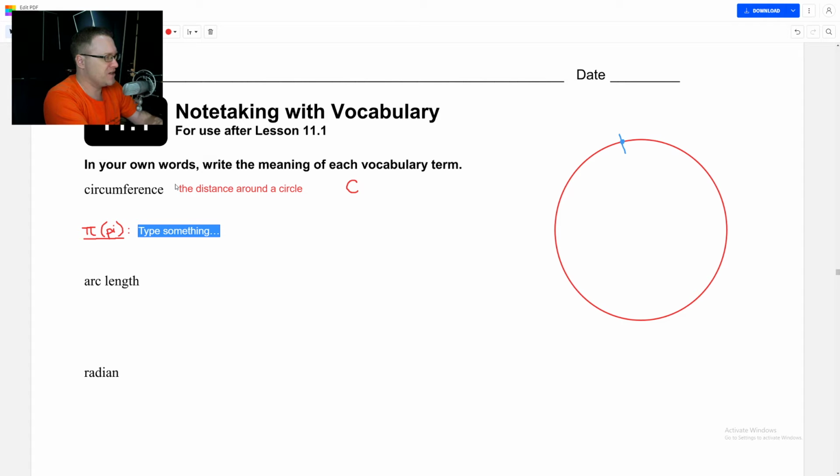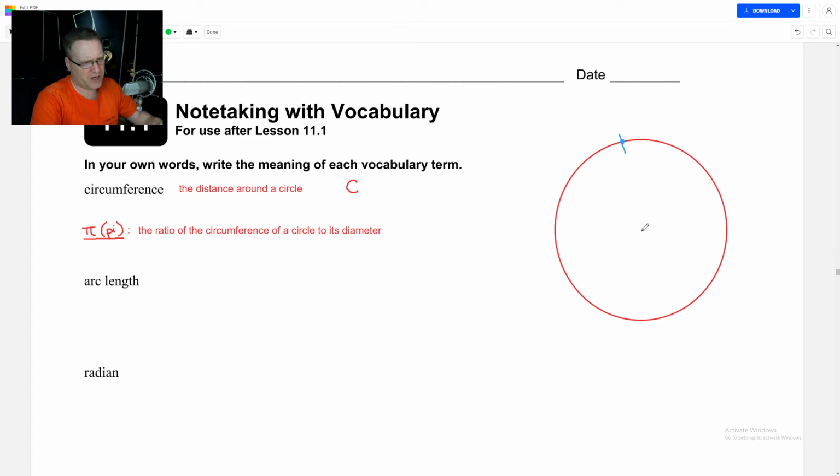The definition of pi is the ratio of the circumference of a circle to its diameter. Pi is the ratio of the circumference of a circle to its diameter.